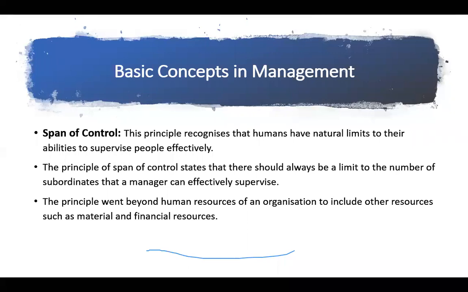So the principle of span of control states that there should always be a limit for the number of subordinates that a manager can effectively supervise. Depending on the nature of work, a manager can supervise 5, 10, 15, as the case may be.